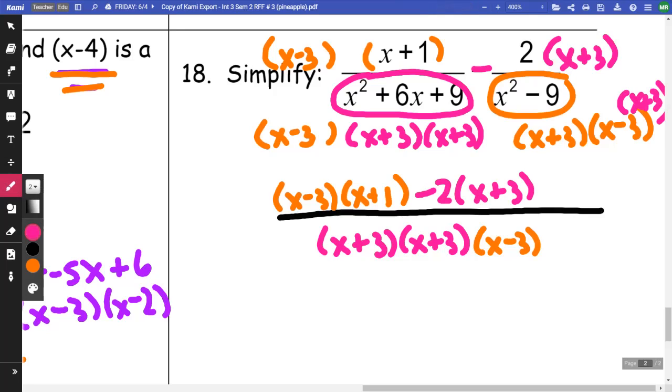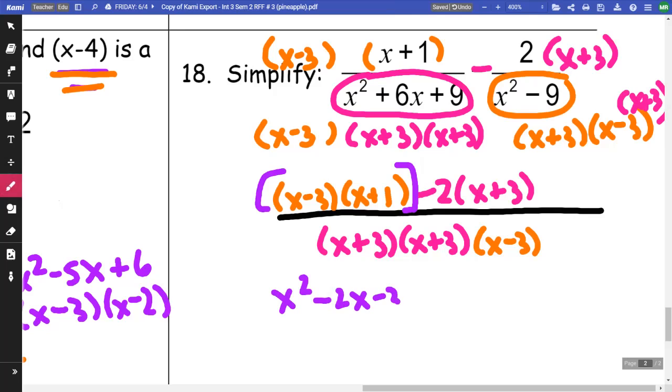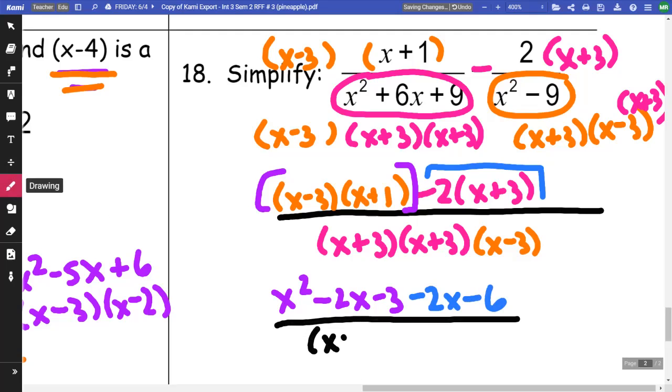Okay, so now I'm going to do this math. So when I'm looking at this piece here, x minus 3 times x plus 1, that's going to become an x squared minus 2x minus 3. Then when I am looking at the next part of it, I have a negative 2 distributing, so it's going to be a negative 2x minus 6 over my denominator, which is going to be an x plus 3, x plus 3, x minus 3.